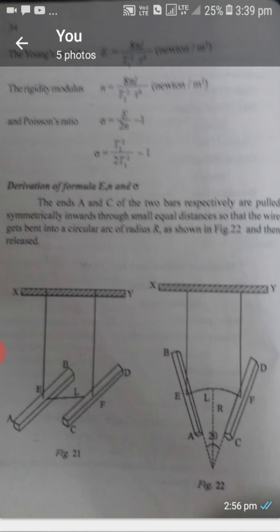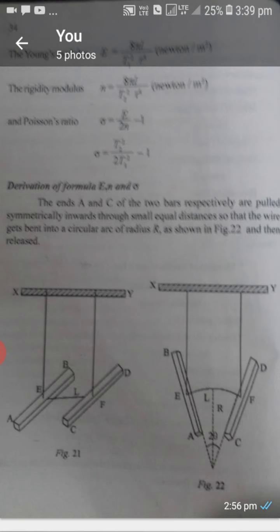Then minus I into d omega by dt is equal to minus E into pi r power 4 by 2L into theta, that is equal to omega square theta. Here d omega by dt is equal to minus omega square theta.